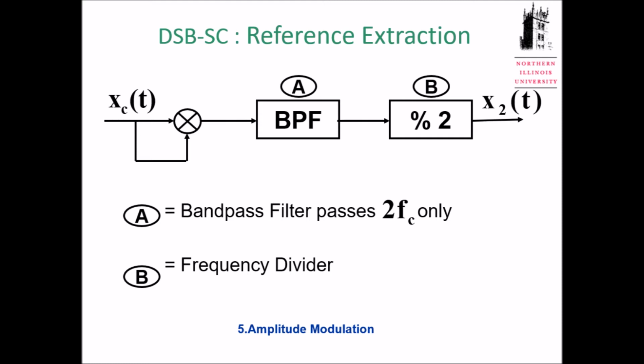This bandpass filter is specifically designed to only pass 2 times FC. Then we have a frequency divider that divides the frequency by 2. And this signal will have exactly the same frequency as your input. So let's go through step by step what's going on.